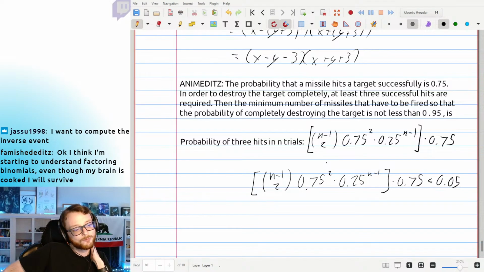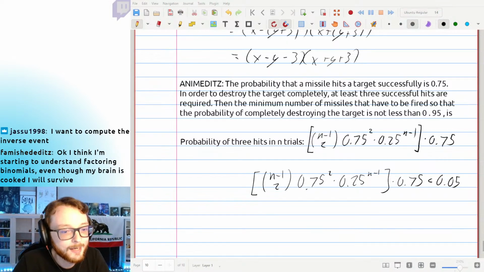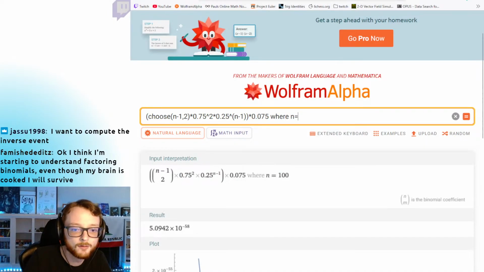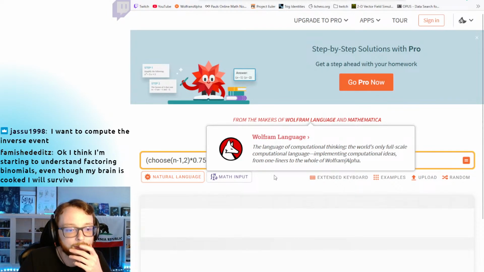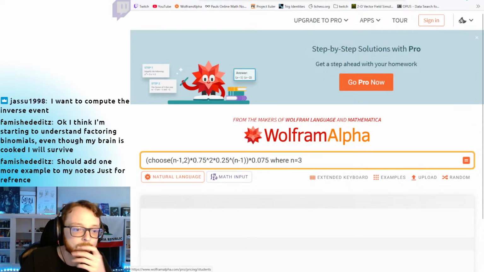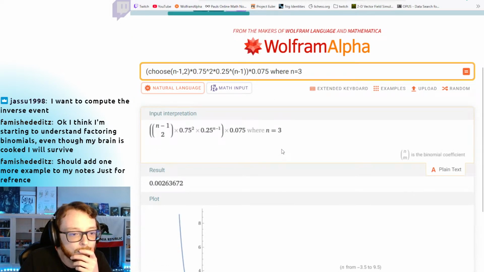Back to binomials. Nice. If I did that, where does it hit the 0.05 mark? It shouldn't be that many. It already hits it at 3. Okay, so my formula can't be right.